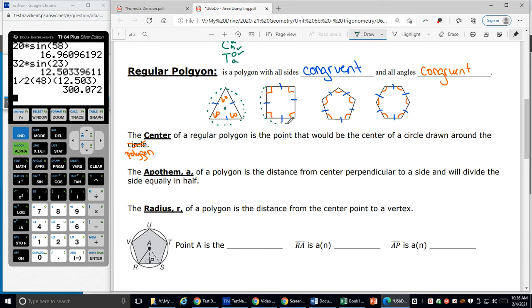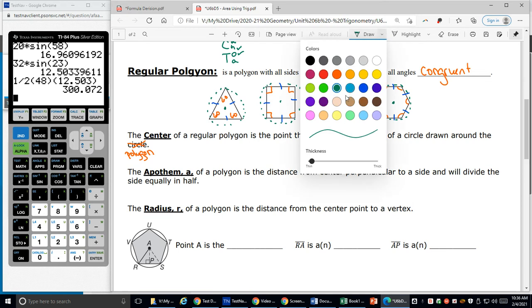Same thing here, I would find the center of this square, the center of this pentagon, and the center of this hexagon.